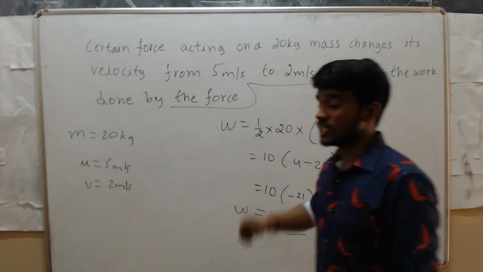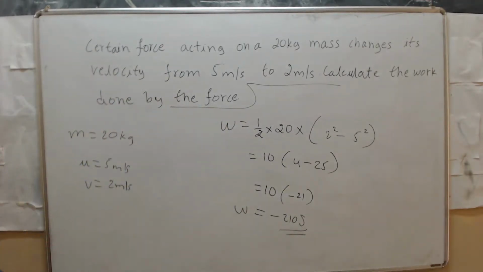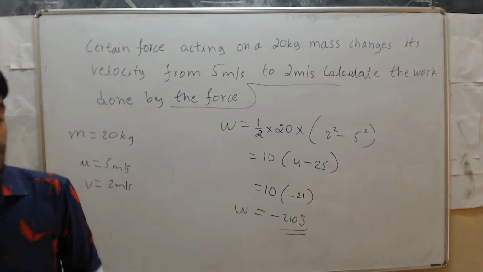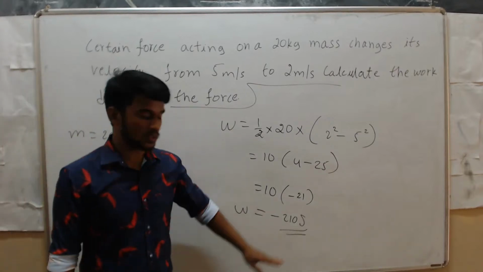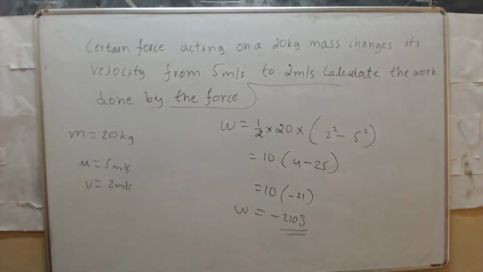Its velocity changes from 5 to 2, which means the applied force is in the opposite direction. Yes, very good. So the force acted on the object in the opposite direction. That's why work done is equal to minus 210 joules, or work done is negative.